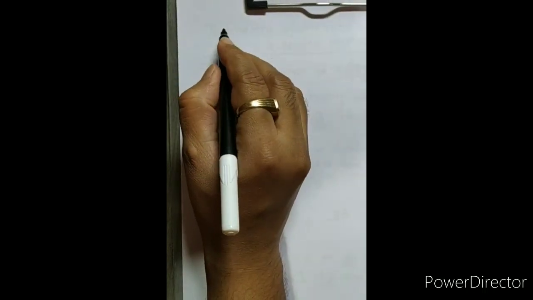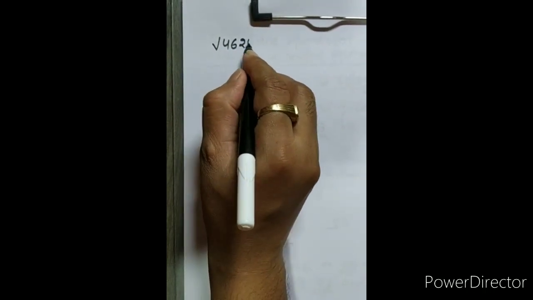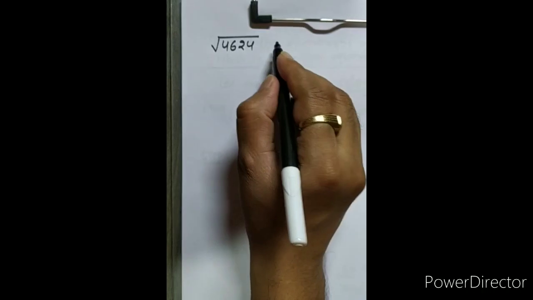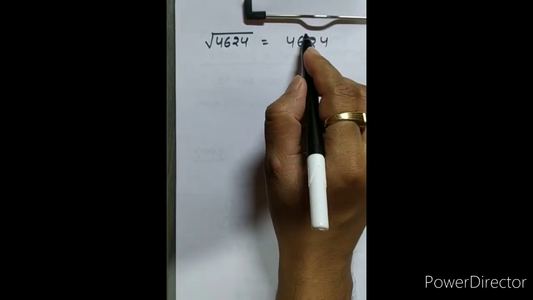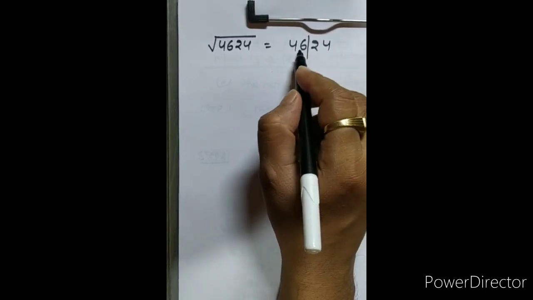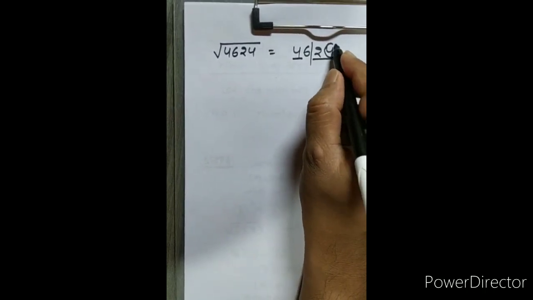Let's take one more example. Let the number be 4624. What we had done in the previous question, we break the number into pairs. We have the numbers 46 and 24. What is the unit digit? 4.